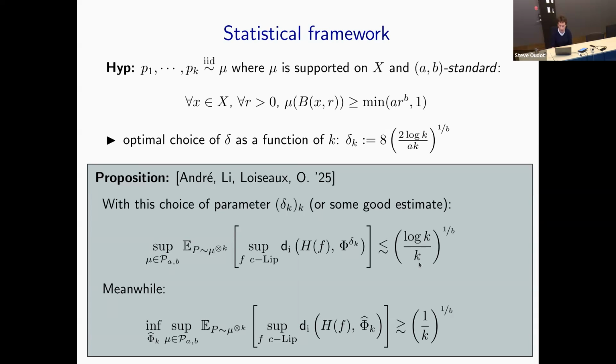The gap is of the order of log K to the 1 over B. So up to log K factors, we've got an estimator that is minimax. And there are cases where people in TDA have proven in similar scenarios that log K over K actually is the best convergence rate that you can get, for instance, when X is a convex set in Euclidean space.